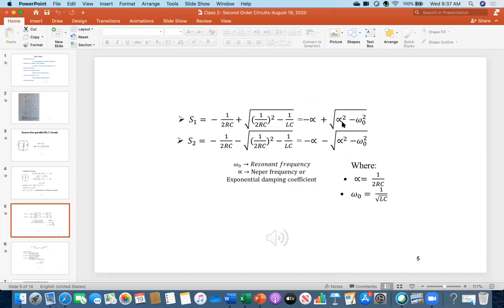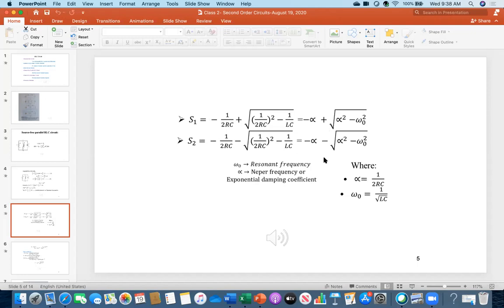If alpha is greater than omega naught, only then you will be getting a plus sign here, right? But if alpha is less than omega naught, for example, this is 10 and this is 12, then you will be getting minus. So after taking the root, you will get a complex number.